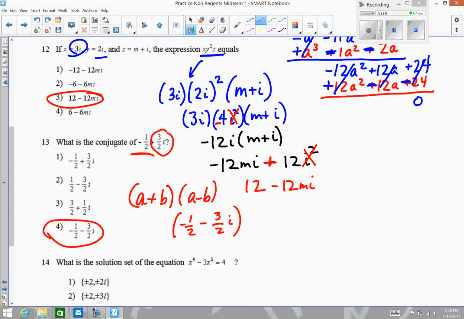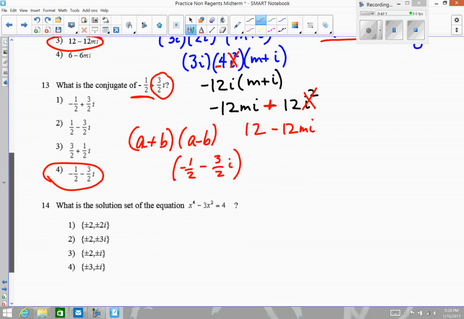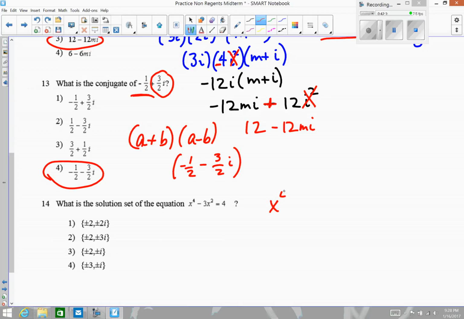All right, moving on. We want to take a look at x to the 4th minus 3x squared equals 4, and we want to find all of our solutions to that. That means I probably want to do some factoring. So if I'm going to factor, I need everything on one side of my equation. X to the 4th minus 3x squared, I need to subtract 4 from both sides, so I get this thing equaling 0.